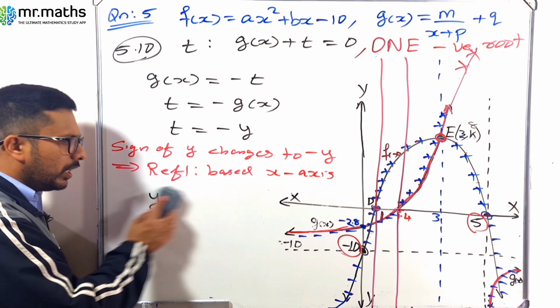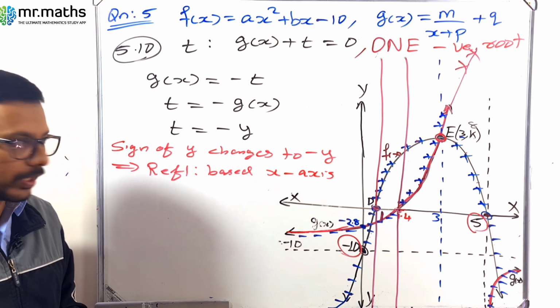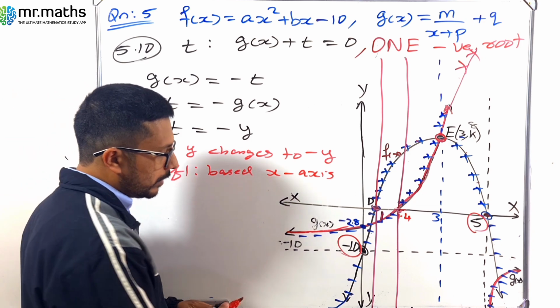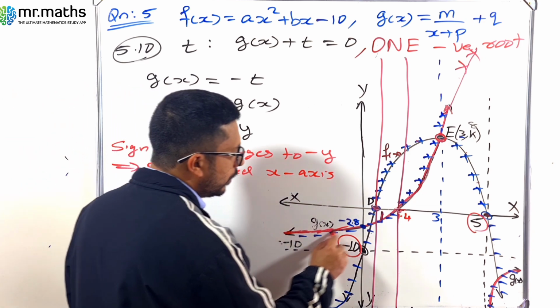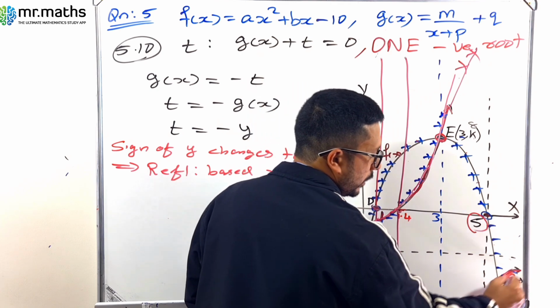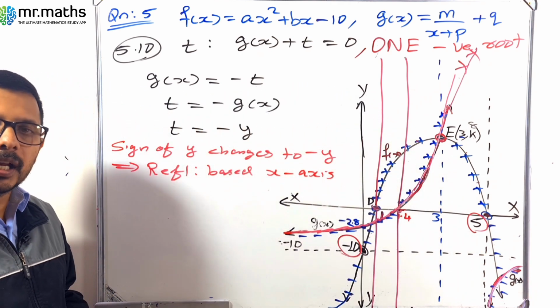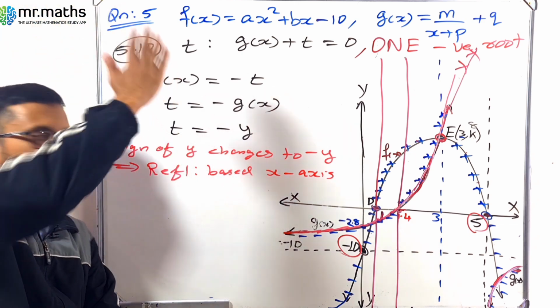Now, reflection based on the x-axis, which graph is that? g of x. This red one is our g of x graph, and that g of x graph is reflected based on the x-axis.